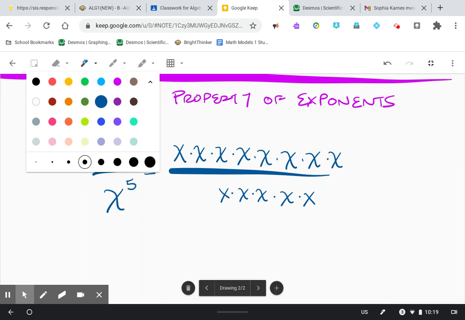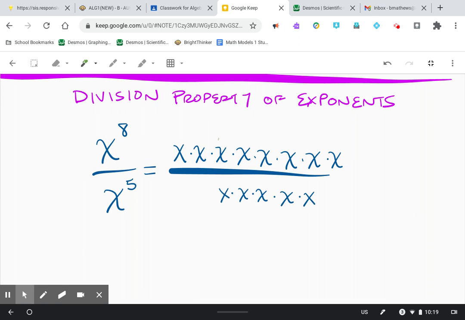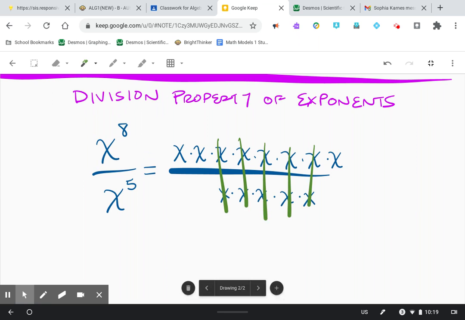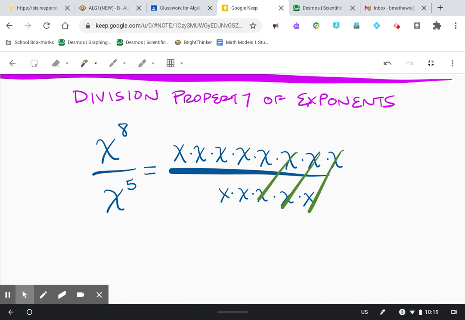So we know that when that happens, these 5 x's, for instance, are going to cancel out. Probably could have written that differently so that one wasn't dangling over here. So let me actually go back real quick. We know that these x's are going to cancel each other out, leaving me with x to the third.